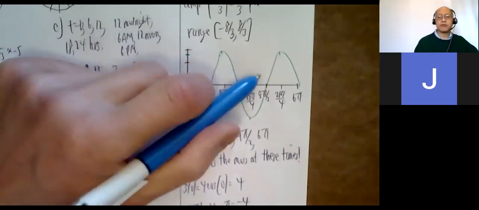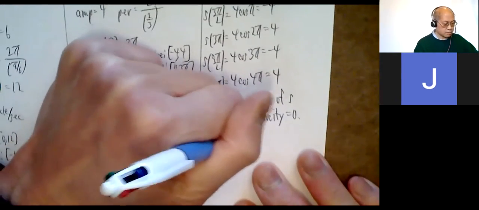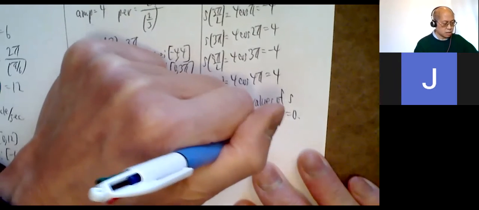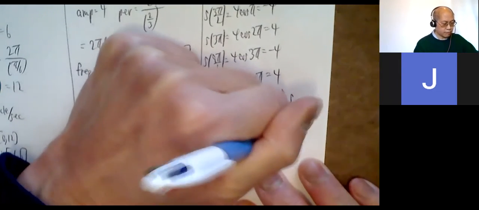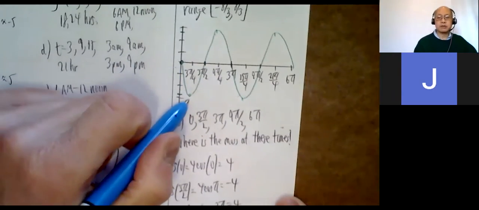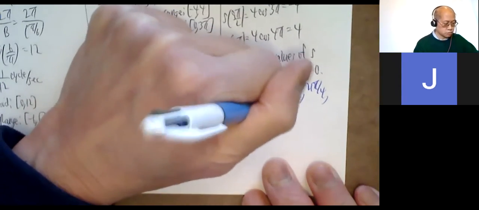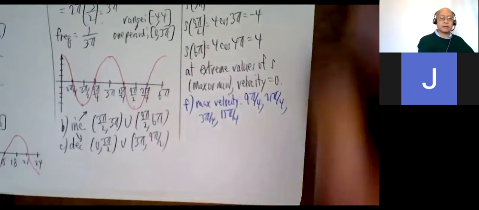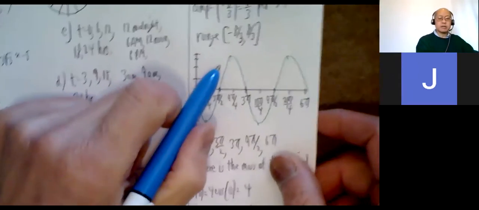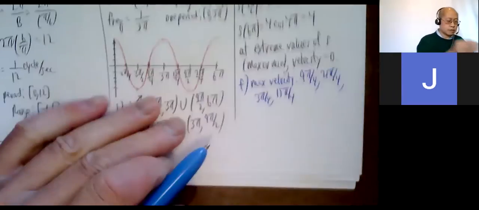So 9π/4, 21π/4, maximum velocity. And the largest in magnitude is negative also. So 3π/4, 15π/4. Maximum velocity. So the velocity is positive 4 and negative 4 here and here.